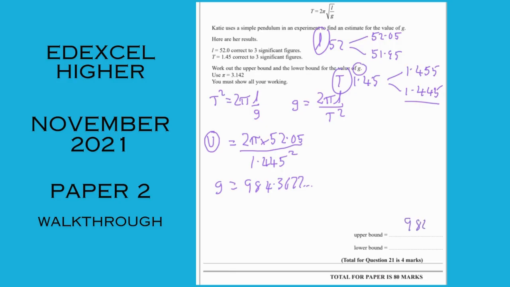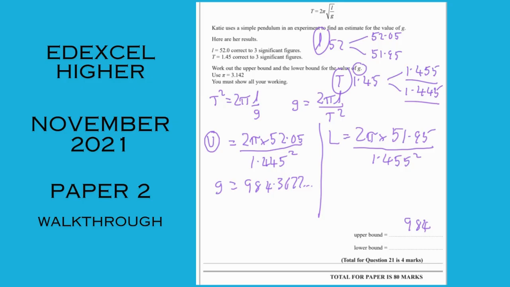I went for 984. Let's do lower bound, which means you want to pick the smallest number for the numerator, and you want to get the smallest number by dividing by the largest possible number, 1.455 squared.